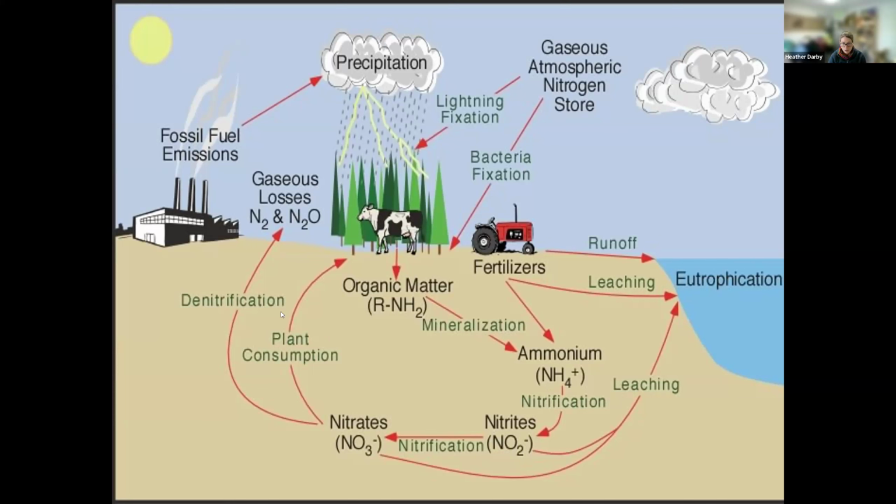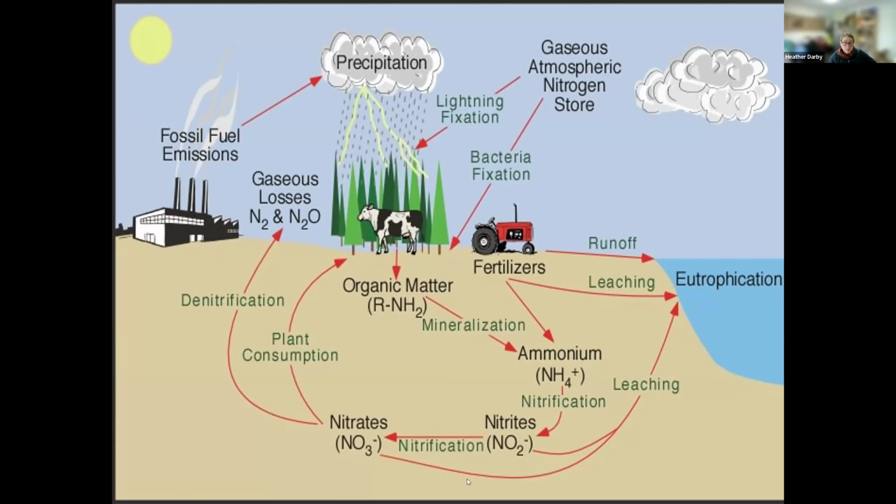So that's called mineralization. And then this ammonium nitrogen can be utilized by plants, but most of it will be converted to nitrates through the process of nitrification. It can also be lost in runoff, of course.